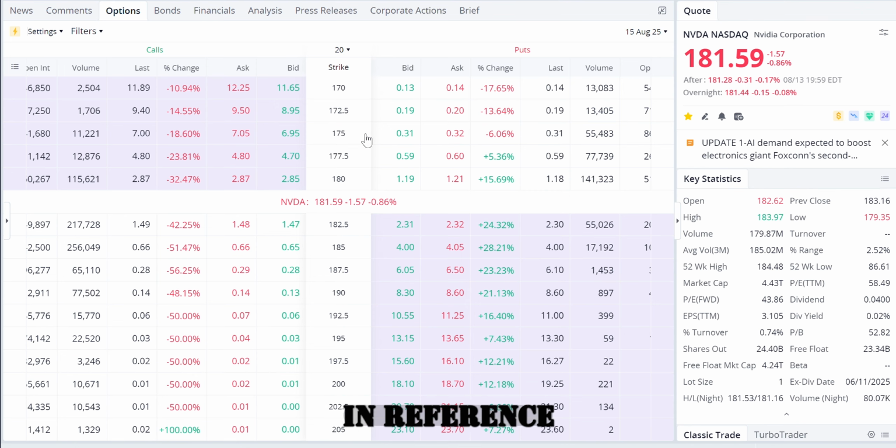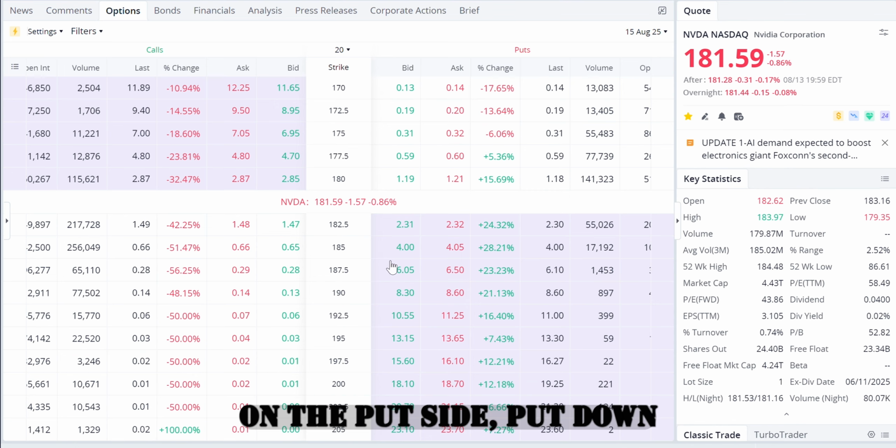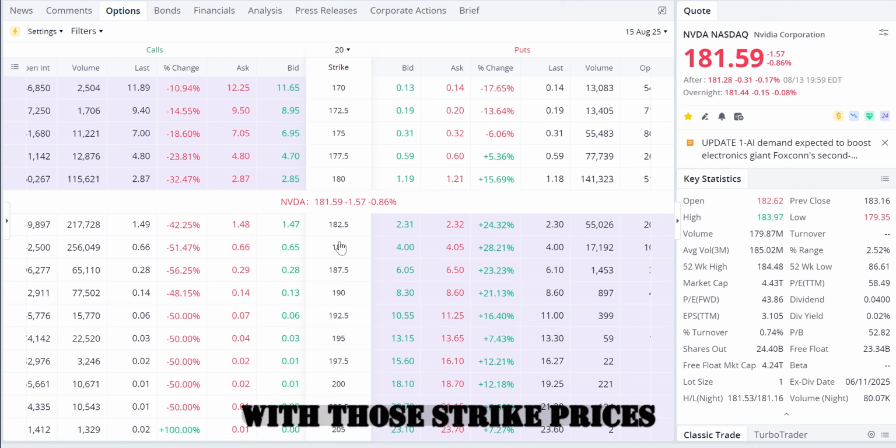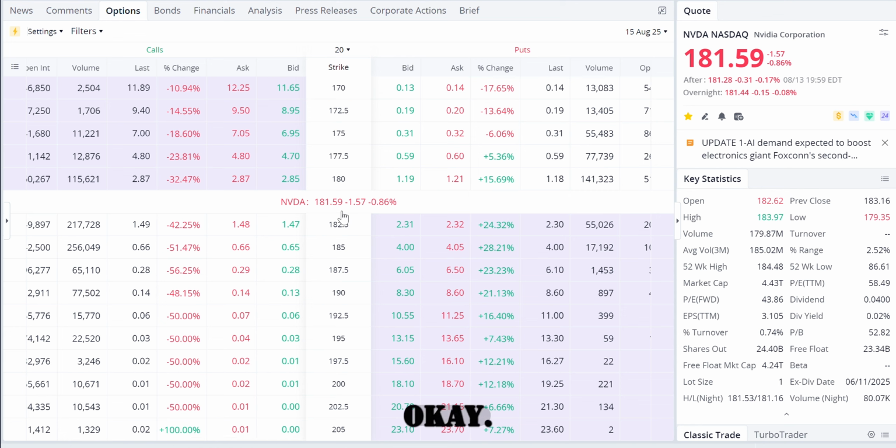That's in reference to this set of strike prices, and this color group is in reference to this strike price on the put side. Put down, call up with those strike prices. We're going to go over that.